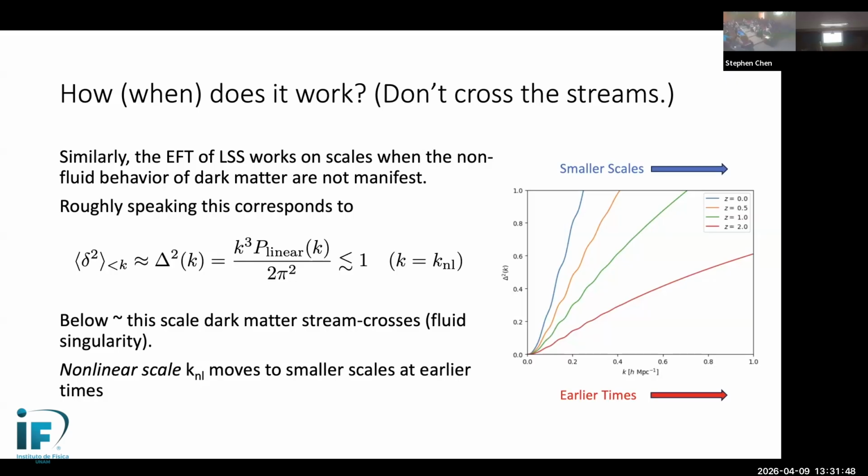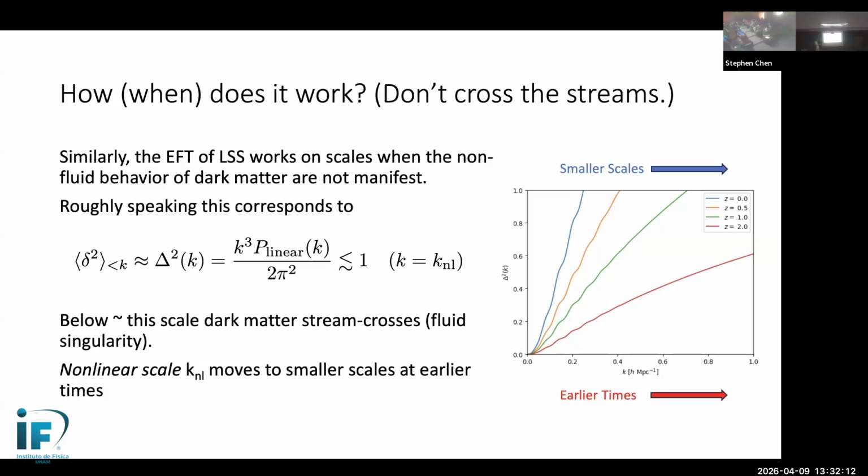And what you can see is that as I go closer and closer to the present, from the early universe to the current universe, this threshold is being crossed at a larger and larger scale, which corresponds to the breakdown of the fluid picture at larger and larger scales as the universe becomes more nonlinear, and as these non-fluid characteristics, which are being captured in the perturbative limit by the fluid parameters, become more and more pronounced. Right.